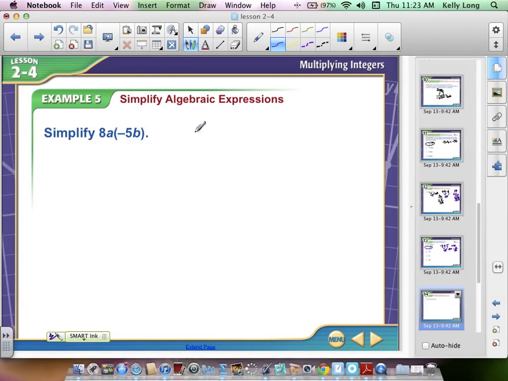I can rewrite this if you wanted to as 8 times negative 5 times a times b, because multiplication is commutative and I can change the order. So then what's 8 times negative 5? That's going to be a negative 40 times a times b, or you could just say negative 40ab.